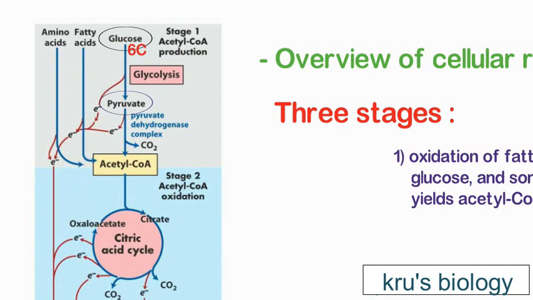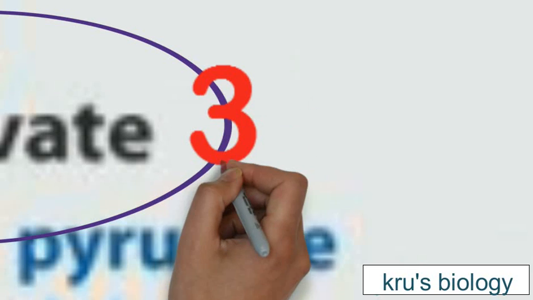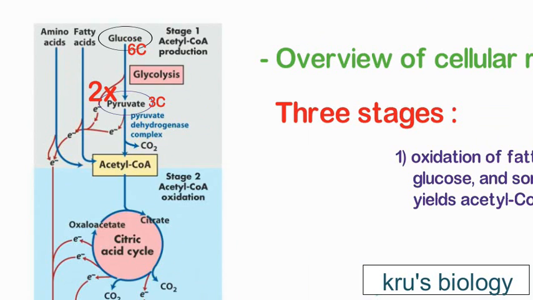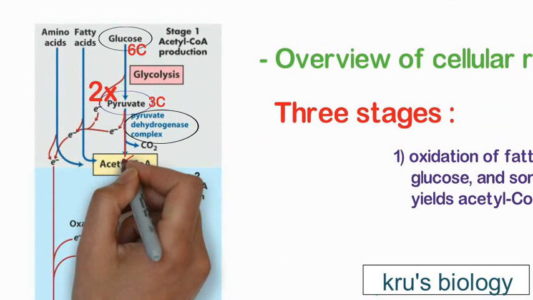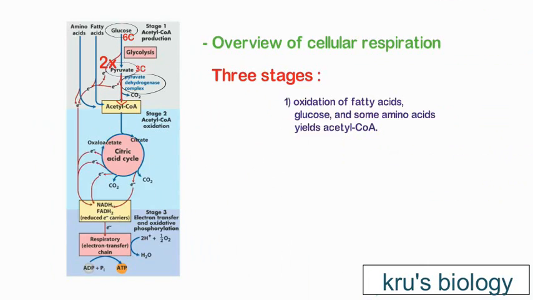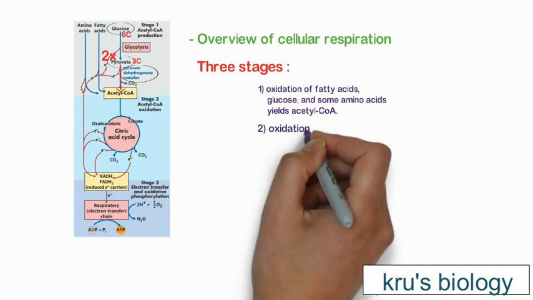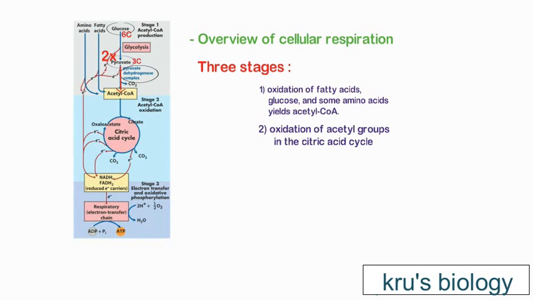Glucose is a 6 carbon compound and it produces 2 pyruvate molecules, which are 3 carbon compounds. The pyruvate dehydrogenase complex converts the pyruvate to acetyl-CoA, and further acetyl-CoA is oxidized in the citric acid cycle.